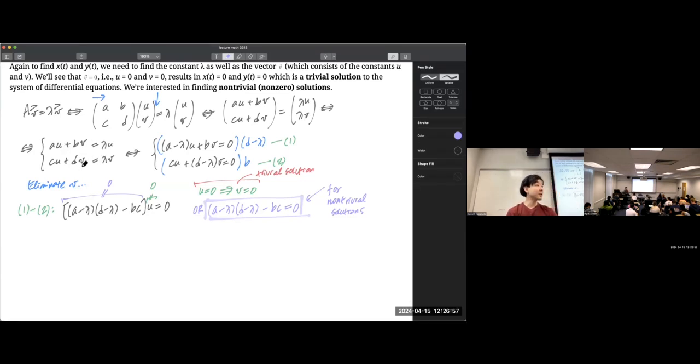So we got around having 3 unknowns but only 2 equations by noticing that, given the structure of this equation, because it's an eigenvector-eigenvalue equation, doing elimination magically gives you a condition that has only lambda and things we know in it. So we could solve for this lambda. We may get multiple lambdas, up to 2. And then each of those we can plug into this original system to find u and v.